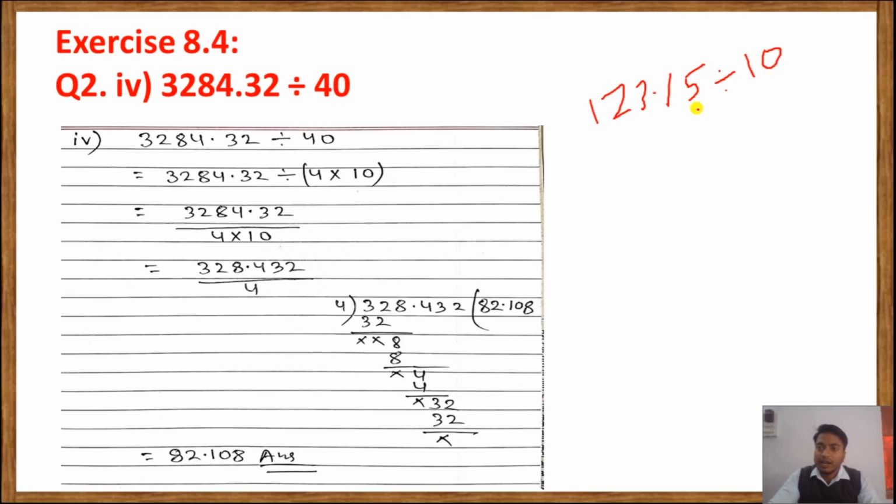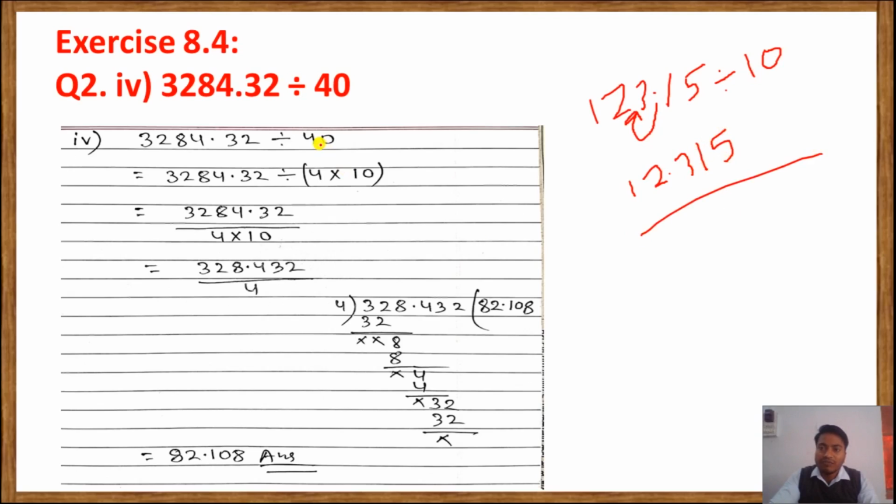If we have to divide by 10, 100 and 1000, the decimal point will move to the left side. Here we are going to divide by 10, so the decimal point will move left by 1 place. That means we'll get 2.315. This is the answer.